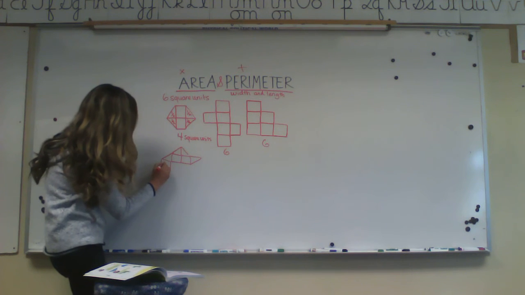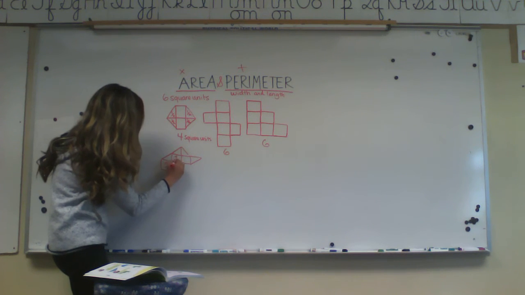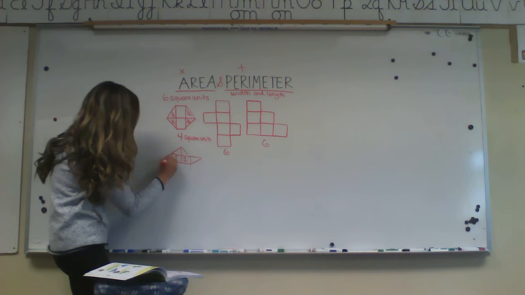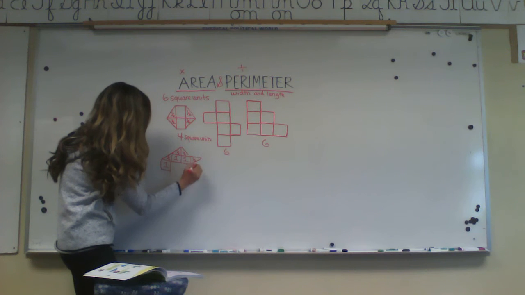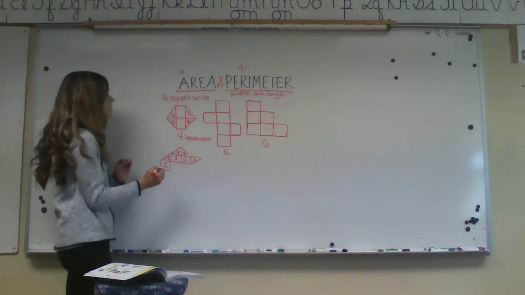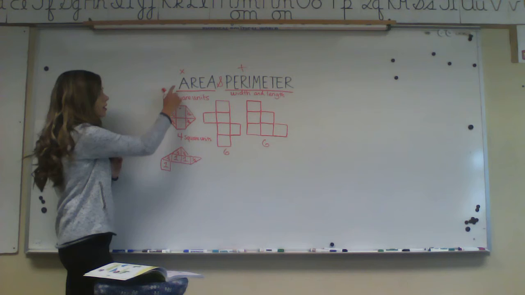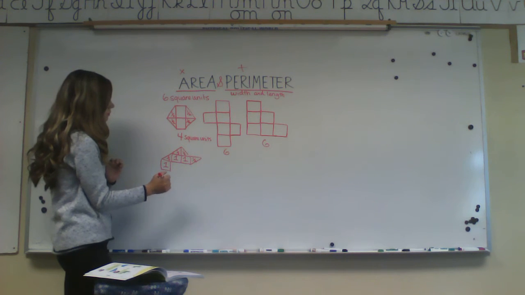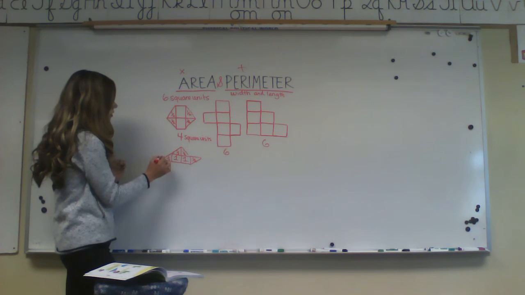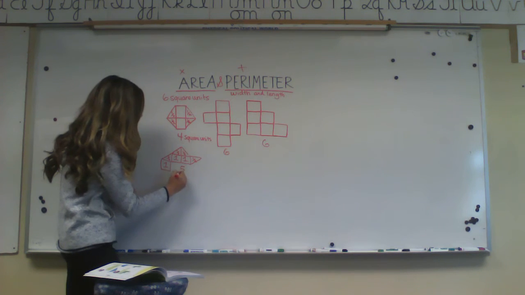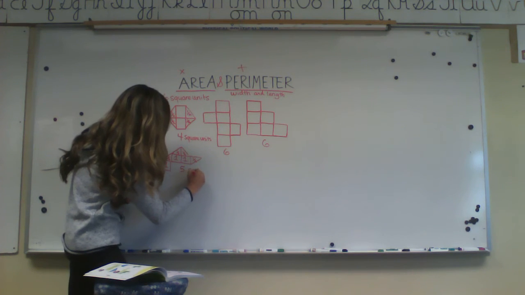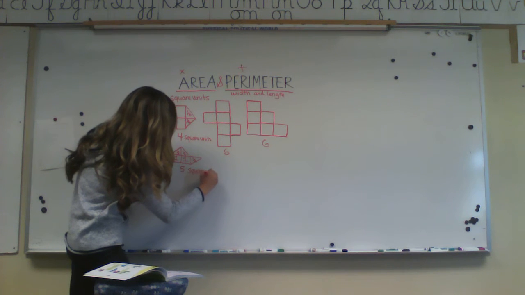So these squares are 1 square unit, and then these are halves. We have half, half, half, and half. So what they would be looking for you to find is how many square units, the area, this figure would be. Well, it'd be 1, 2, 3, plus 4, plus 5. So this would be 5 square units. And that's the area of that figure.